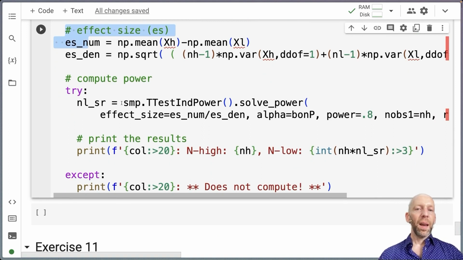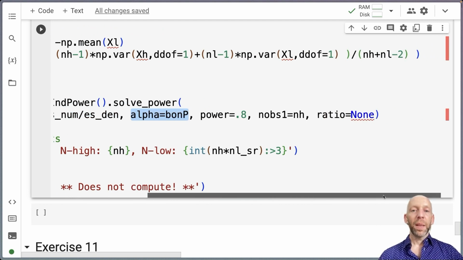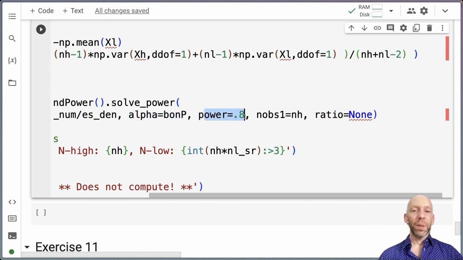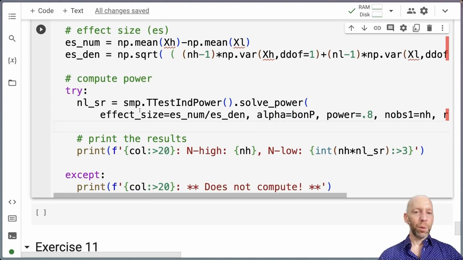Here I say power dot solve power, and then I provide the empirical effect size that we got from this data set, the alpha threshold, which is the Bonferroni corrected threshold, the requested level of statistical power, so 0.8, and the number of observations in the high quality group. And for ratio, I say none. So this is what Python will return.